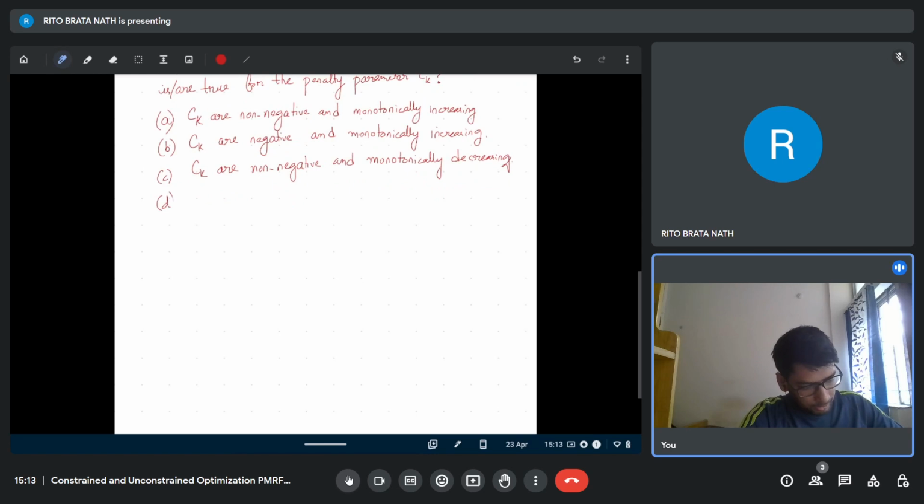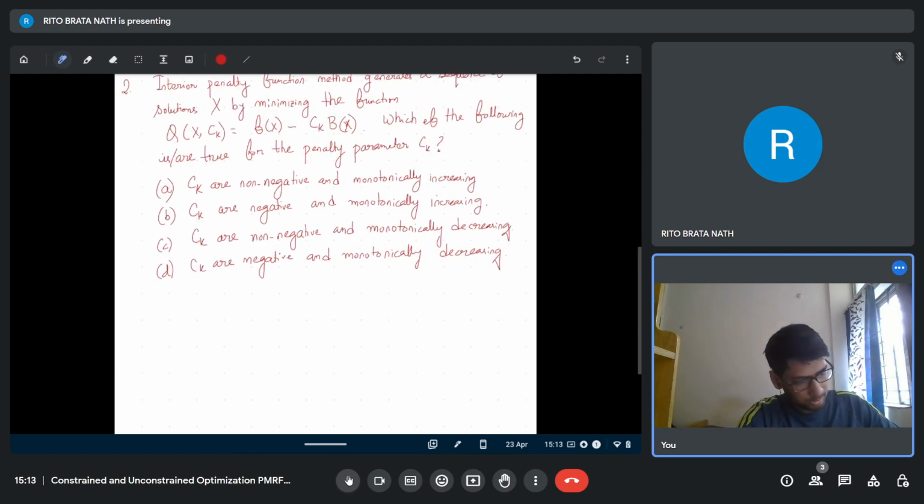And then D is ck negative, which is again not true. Option A is also not true, by the way, as it says monotonically decreasing. Okay, so only one option is correct, which is option C.